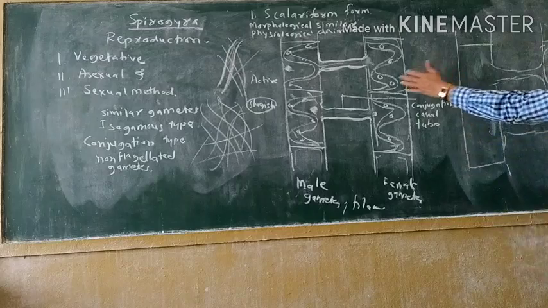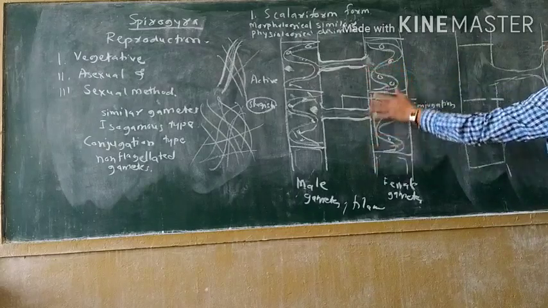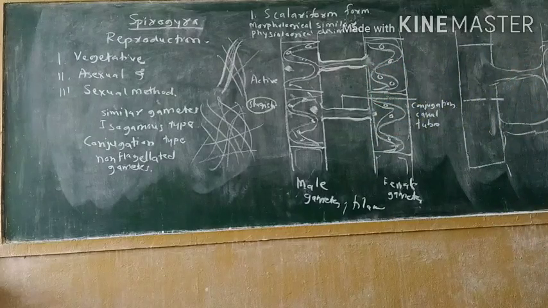The whole content of the male gamete and female gamete gathered together secretes a wall all around itself and becomes rounded. This rounded structure is the zygospore. The zygospore consists of a three-layer structure.